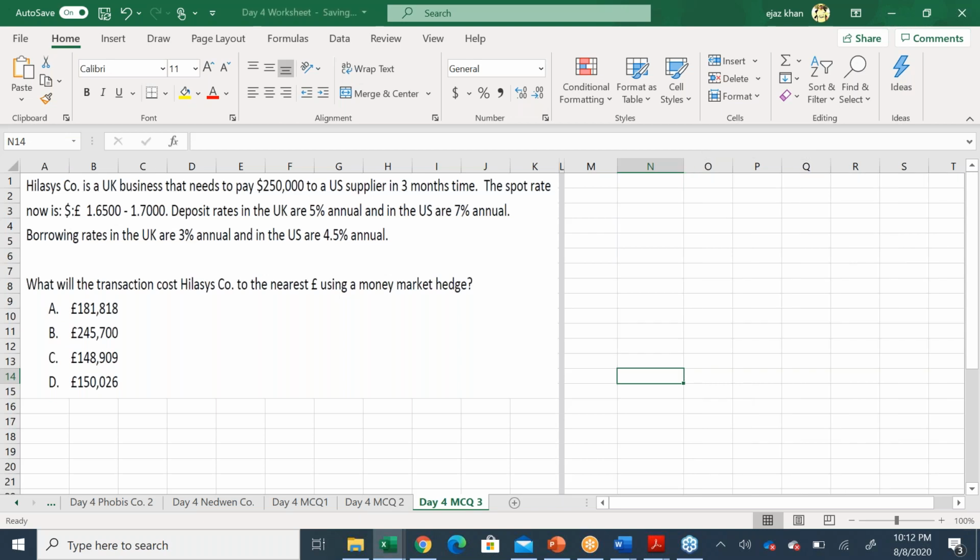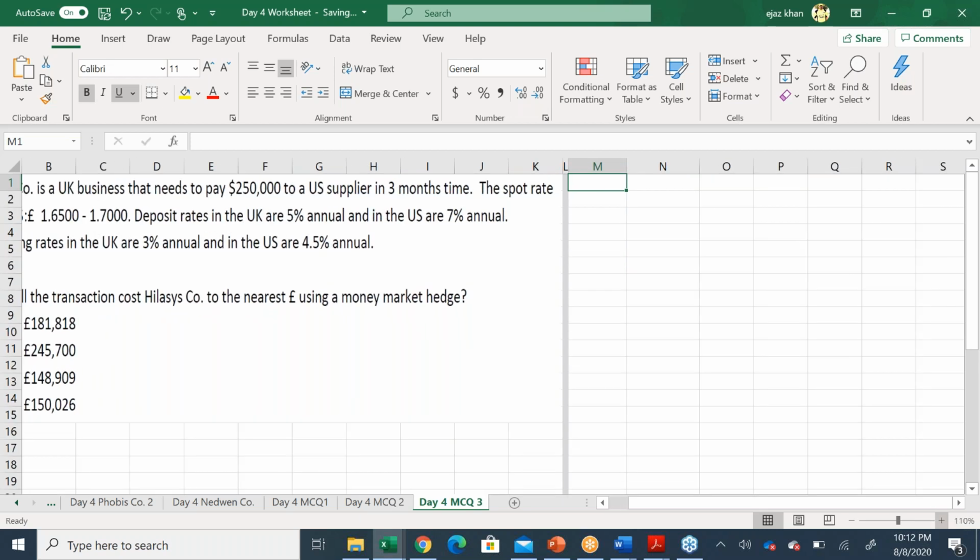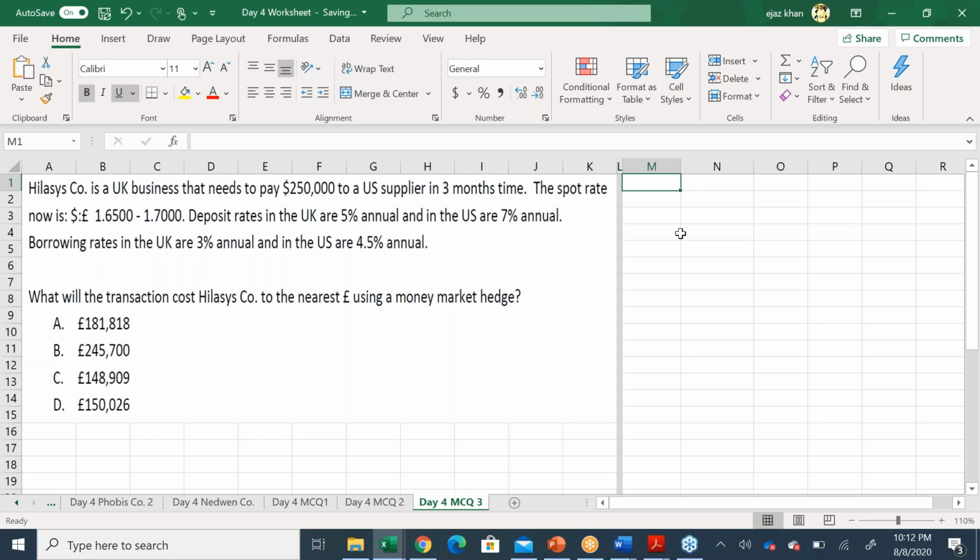So first of all, tell me, which situation is this, receipt or payment? It's a payment, right? So, okay, then we will be picking borrowing and deposit.